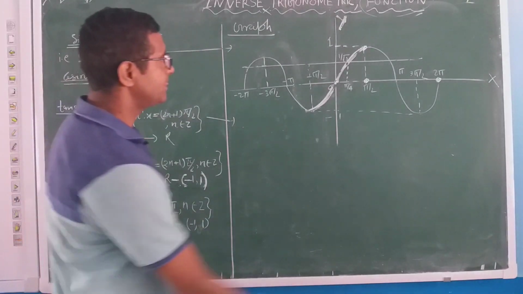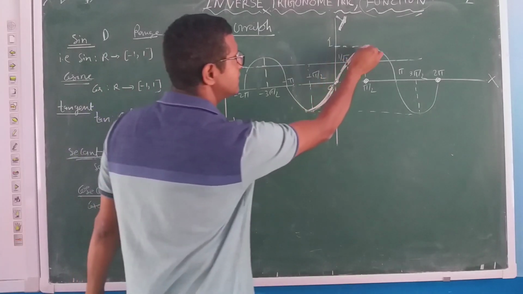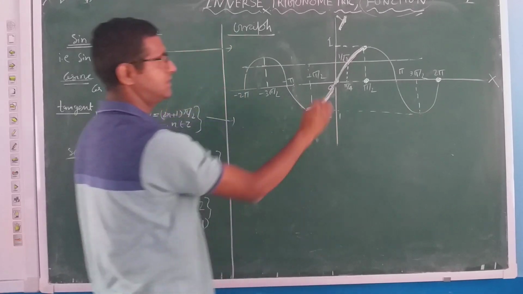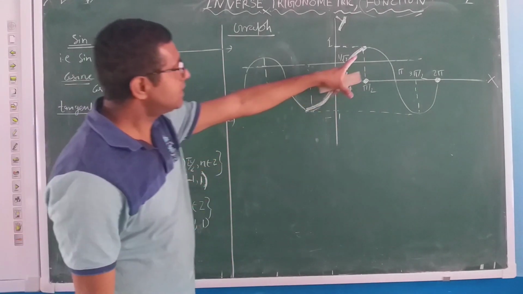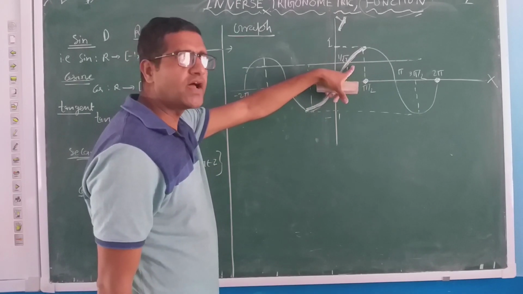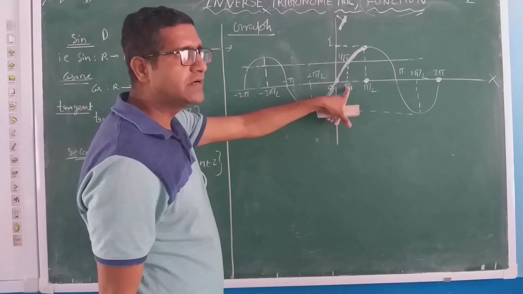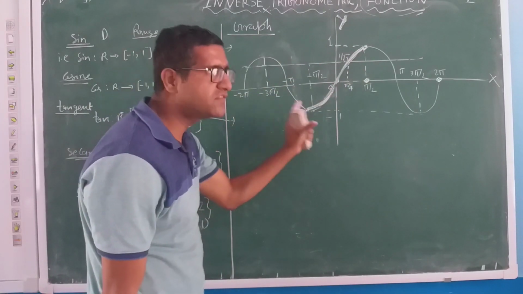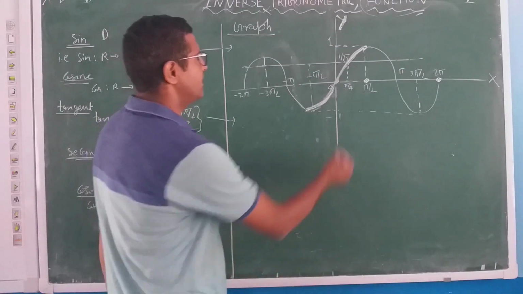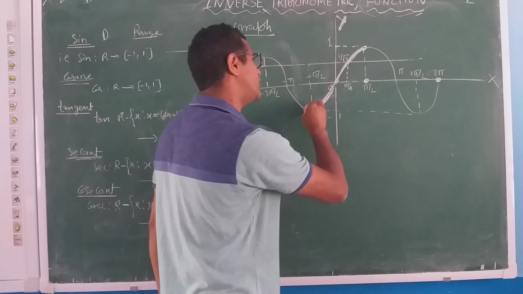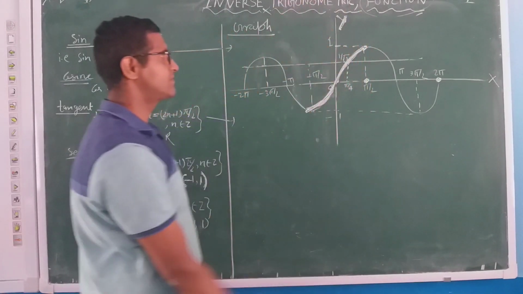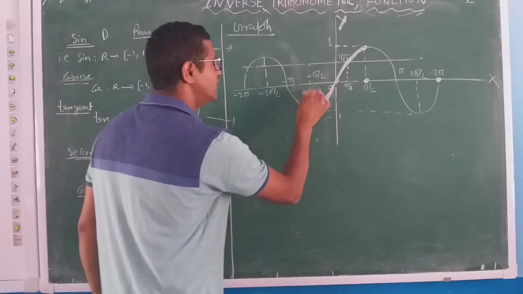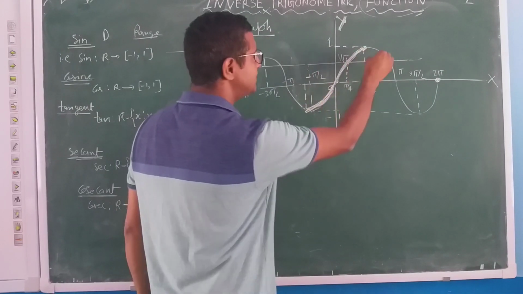Okay, let us study this part. Under this part you will observe that the values of the function for every point of the domain are distinct. So you can assume only this part for its inverse. For this part, what is the maximum value of the domain?